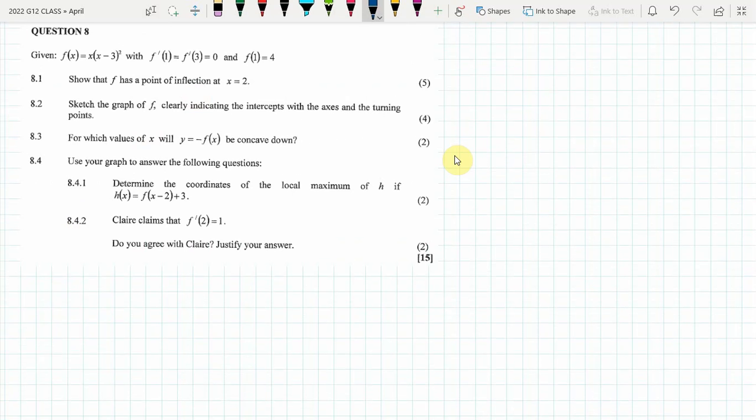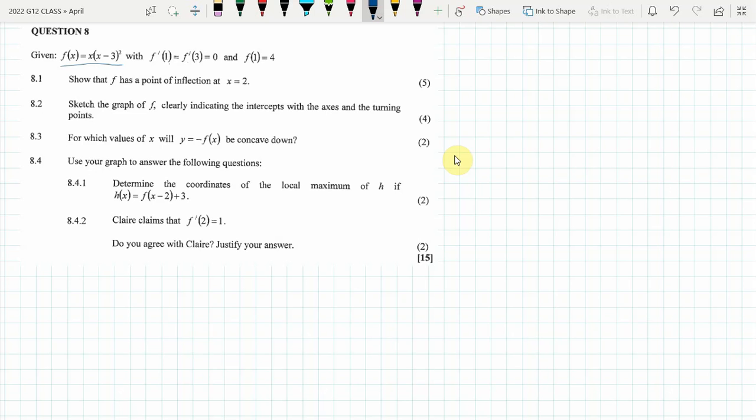The information we are given is the equation of f, written in that form, and we are told that f prime at 1 equals f prime at 3, and both equal 0.